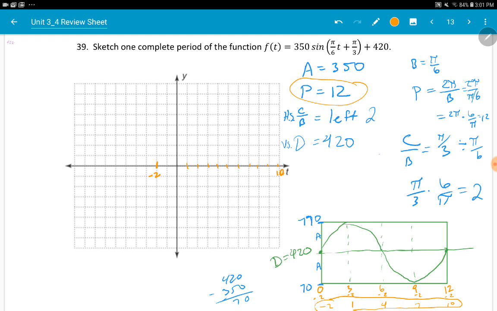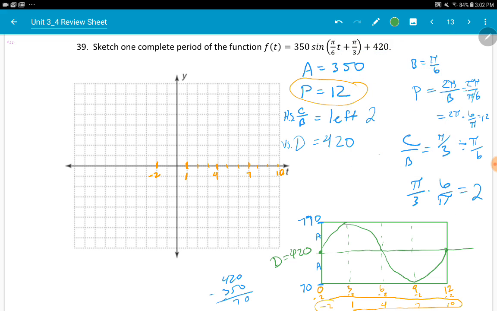And then I'll have a max here at 1, a 0 here at 4, a minimum at 7, and another 0 at 10. And again, it's going to be completely above the t-axis, but I want to use as much space as I can on this grid.